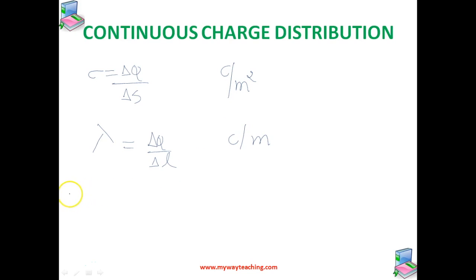And in case of volume, we represent it by a volume charge density rho, which is given by delta Q by delta V. Okay, where delta Q is the charge included in the macroscopically small element delta V, and it includes a large number of microscopic charged constituents, and the unit is Coulomb per meter cube.